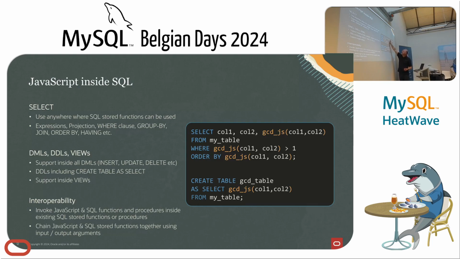If you want to call a SQL function, you need a SQL statement, and SQL statements cannot be called from JavaScript functions. JavaScript functions can only call JavaScript functions and cannot use SQL. You have to use a JavaScript procedure in order to use SQL.